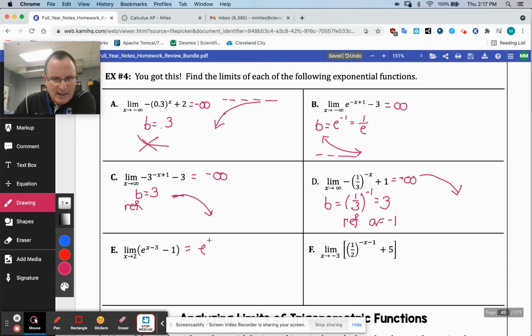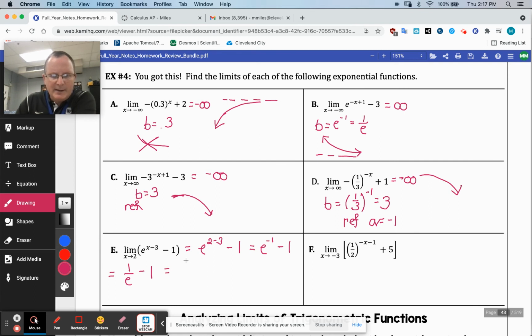So this is e to the 2 minus 3, whatever that is, minus 1. So that is e to the -1 minus 1, which, as far as I'm concerned, is a pretty good answer. That's 1 over e minus 1.